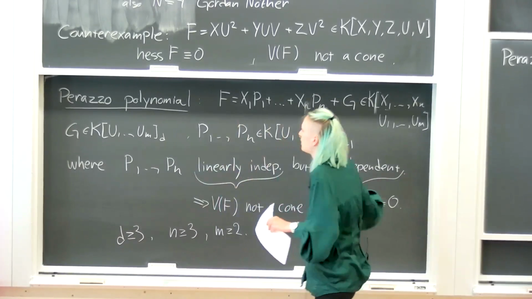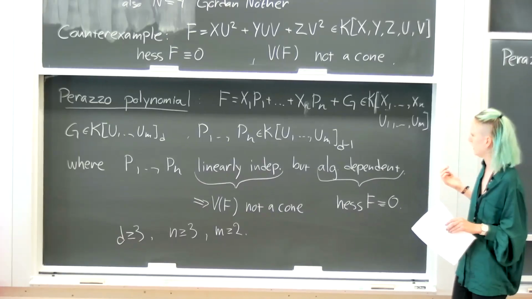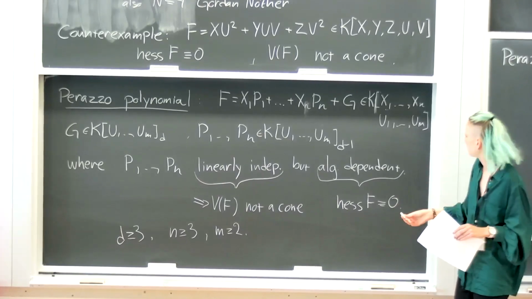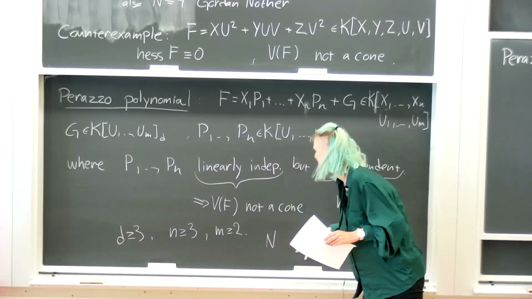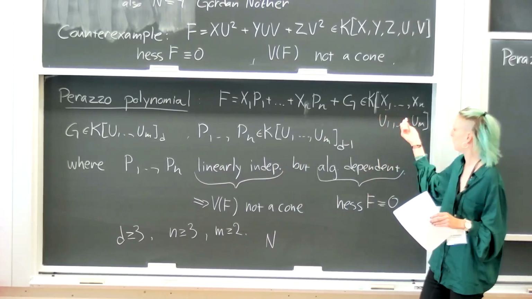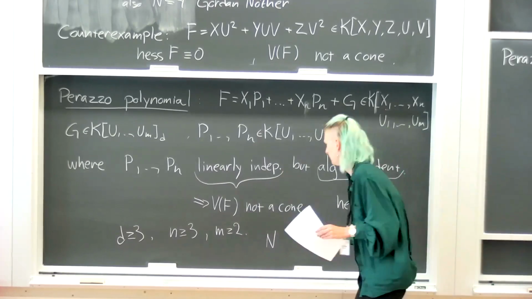So this is just to avoid some trivial cases. Also, let's use capital N to denote the total number of variables in this polynomial ring.